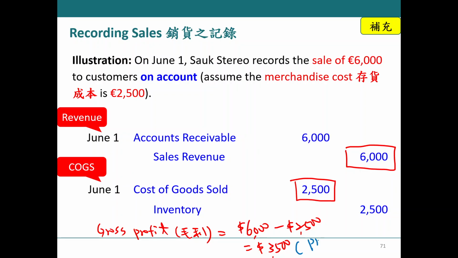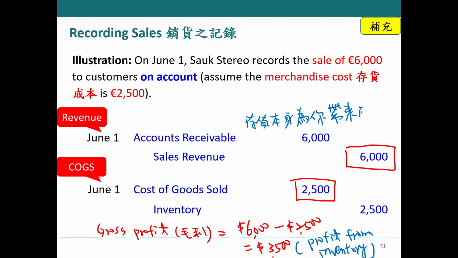So profit from inventory, 存货本身为你带来的利润。Okay, we haven't think about other expenses yet.